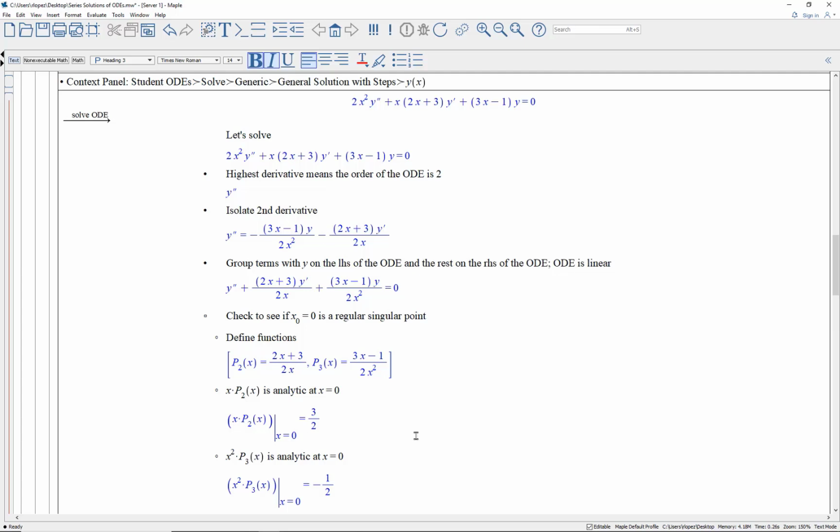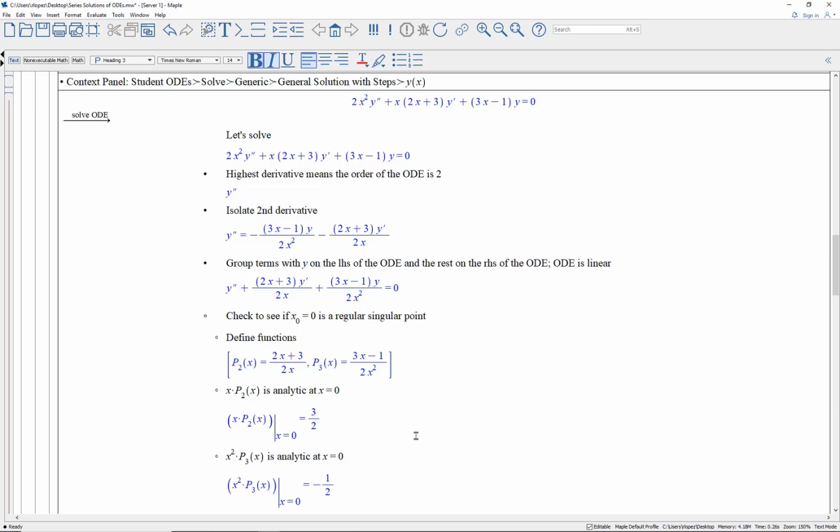However, in this solution that you can read at your leisure, you do not see Maple using Maple commands to get all of the manipulations that we had to go through.